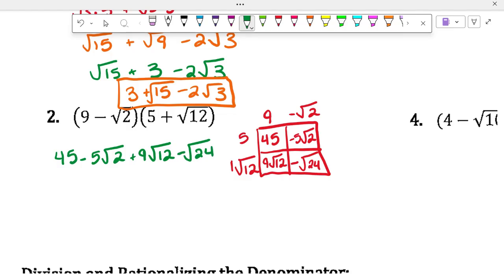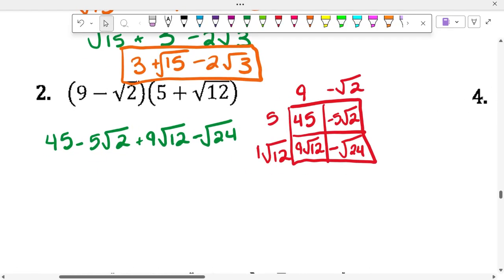Now I'm not done because I need to check to see if any of these can simplify down. So the square root of 2, probably not. What about the 12? What do you think? Right, we could break it apart into 4 and 3, and the 4 is the perfect square.